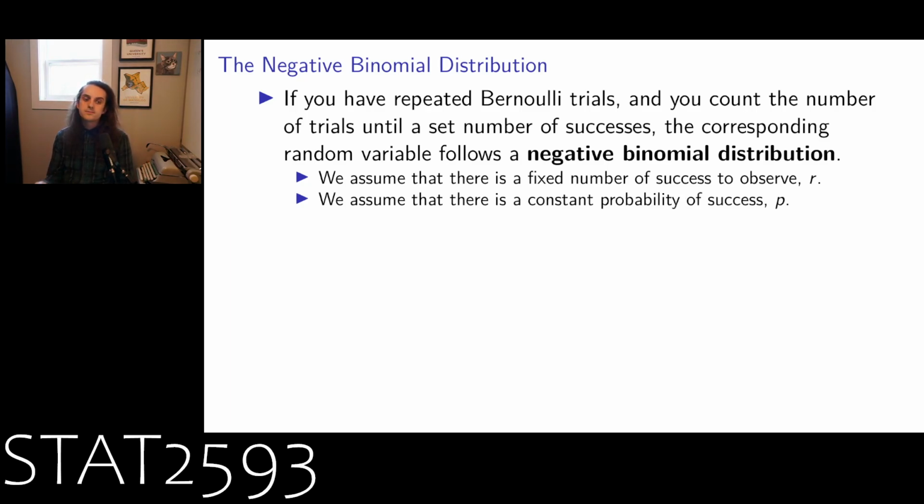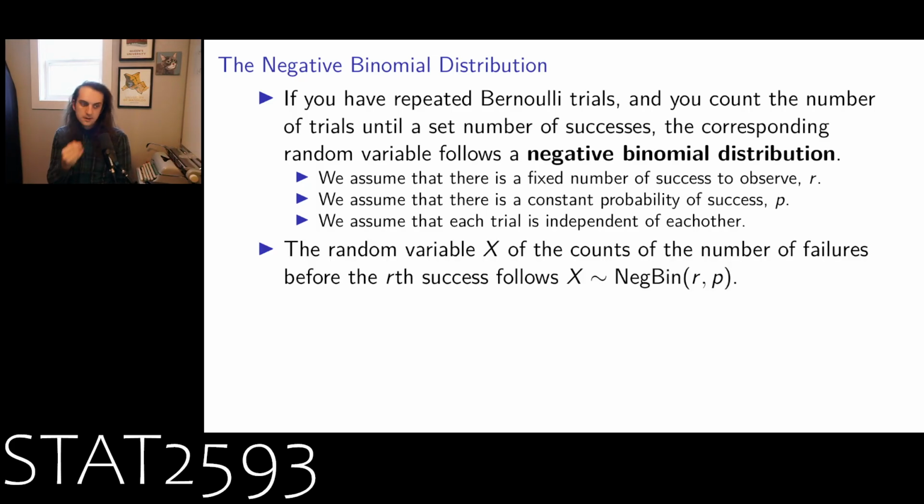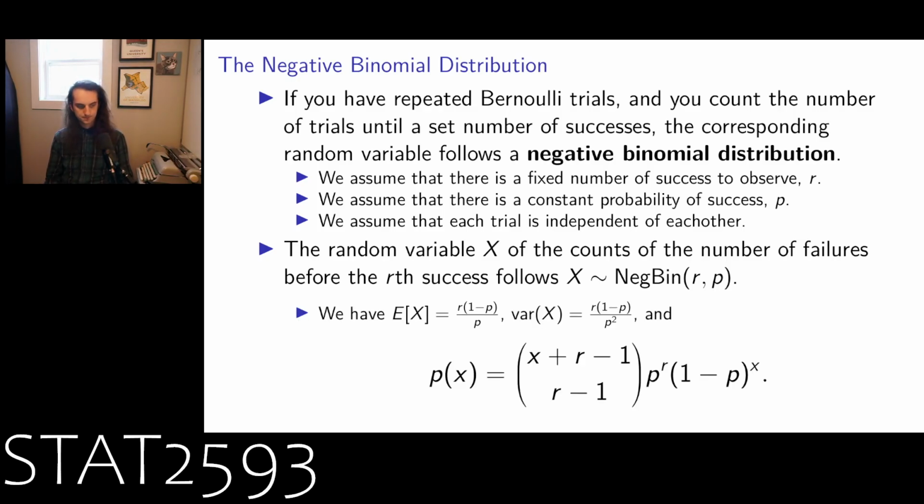There's some constant probability of success, which is p. Each of the trials are going to be independent of each other, so the exact same setup that we're used to working with here. Then we would say that the random variable x that counts the number of failures before the rth success is going to be distributed as a negative binomial r, p random variable.